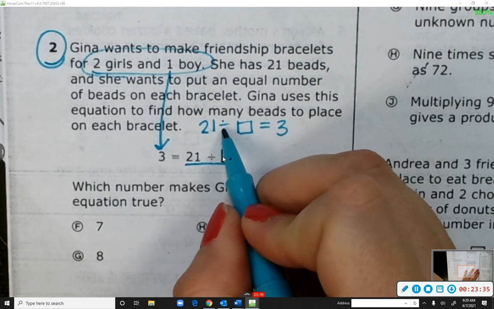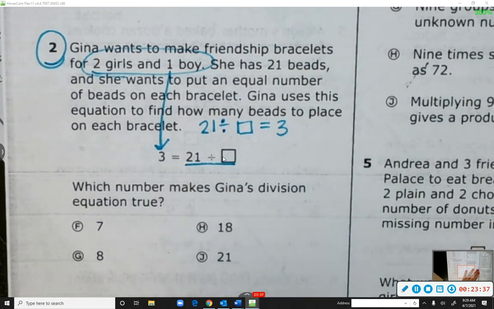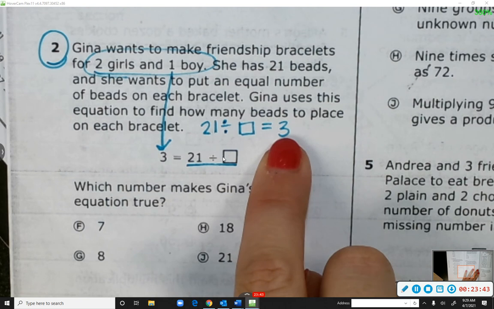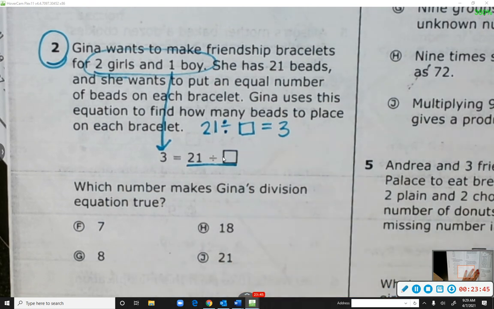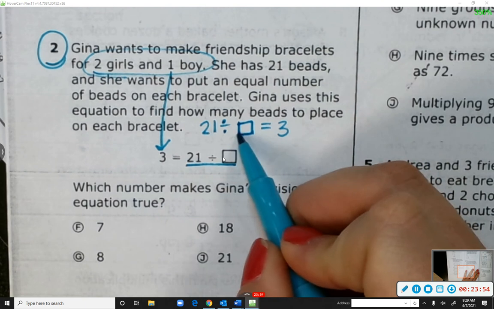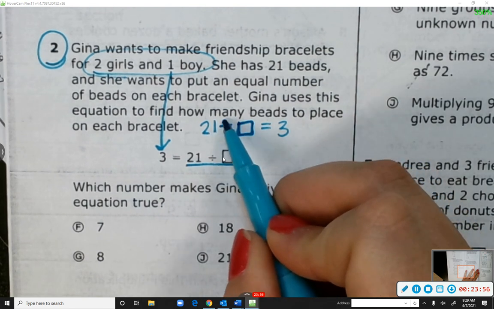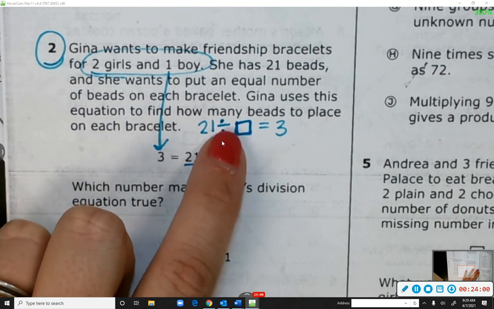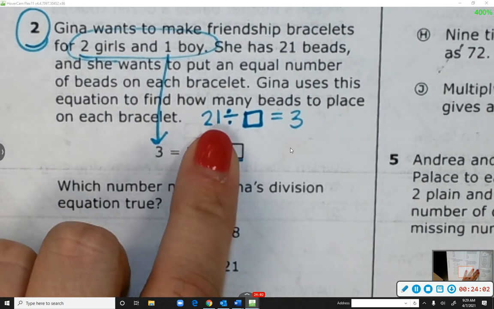Okay, now I can write a fact family to make something that I can work out, because I can't work this out like this. Okay, so for division, what would my next number sentence look like? Remember the 21, or the biggest number, what happens to it?